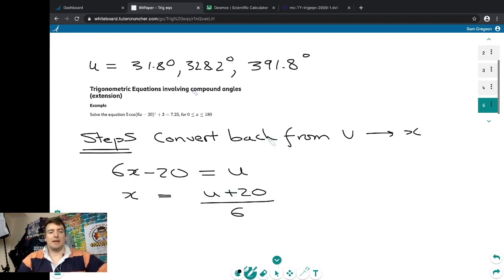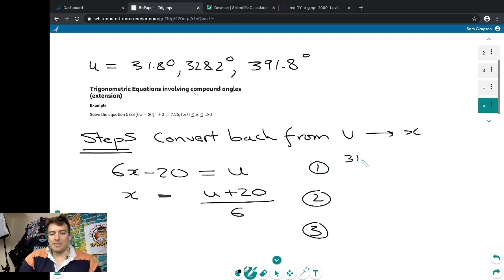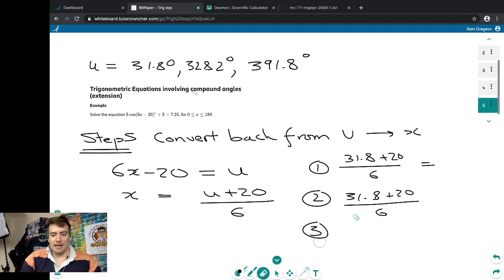So we're going to have our set of solutions for u, and we just plug u into that equation and we get all of our x solutions. So we're going to get 31.8 plus 20, all divided by 6, which is equal to something.